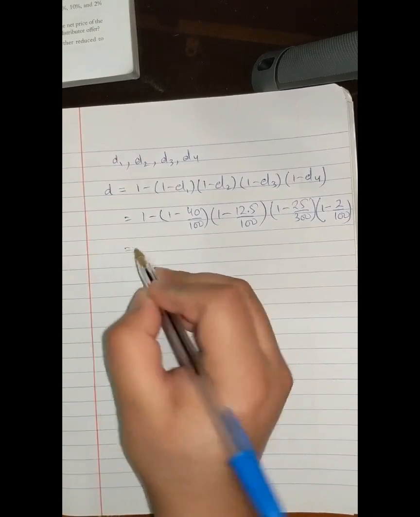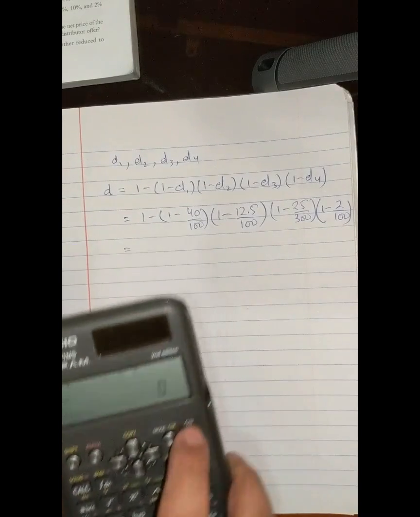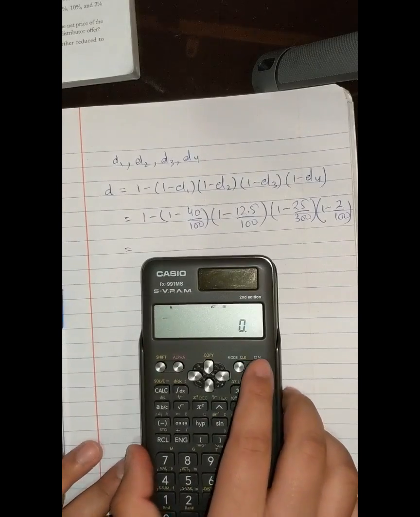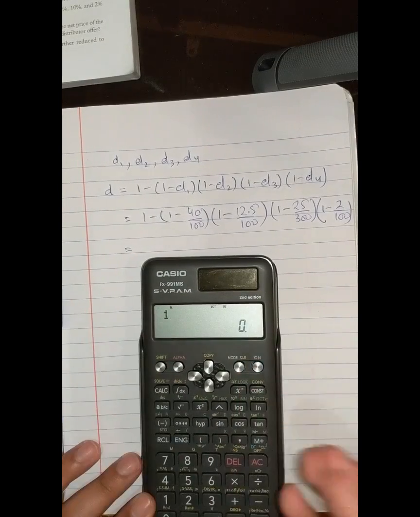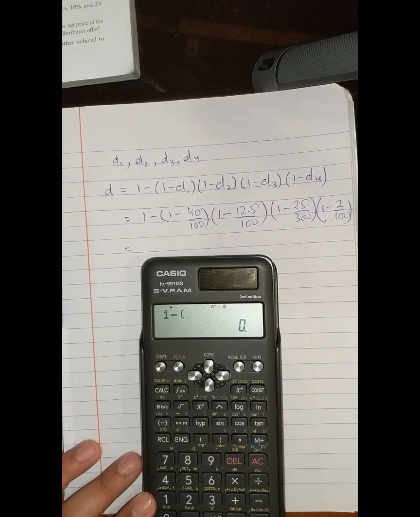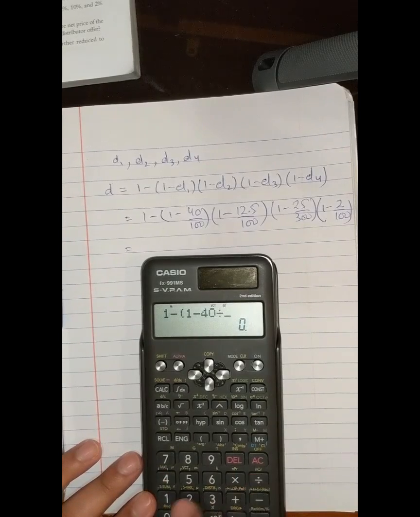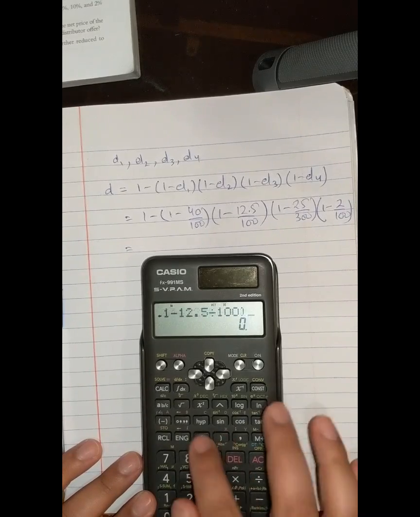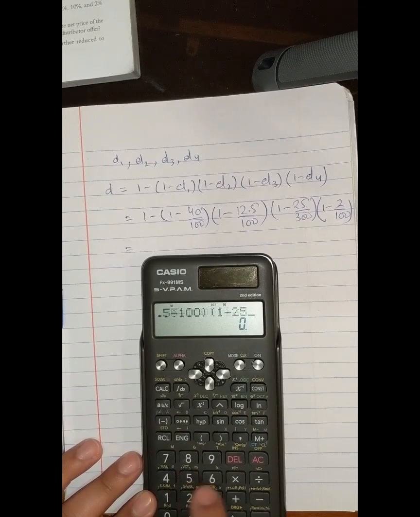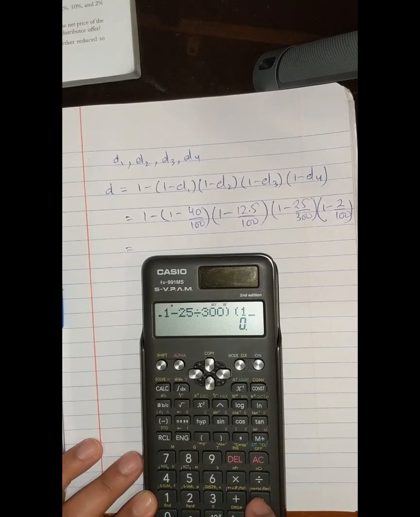Now let's use the calculator. I can plug in the whole thing at once: 1 minus bracket start, 1 minus 40 divided by 100, bracket close, and so on, through 1 minus 2 divided by 100, bracket close.